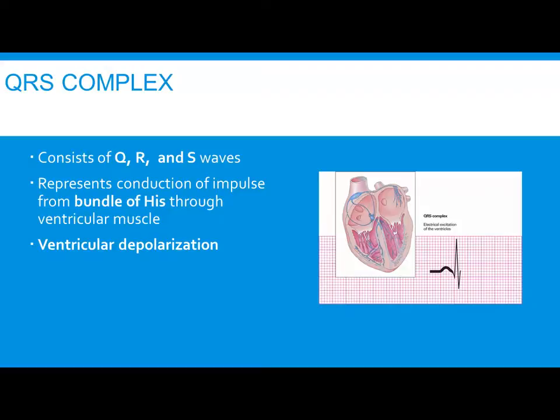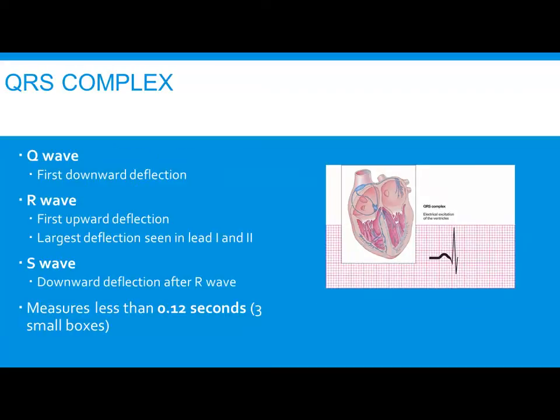And of course the QRS complex represents ventricular depolarization. Understanding deflections now, we can understand the complex a little bit deeper. The Q wave is going to be your first negative deflection.